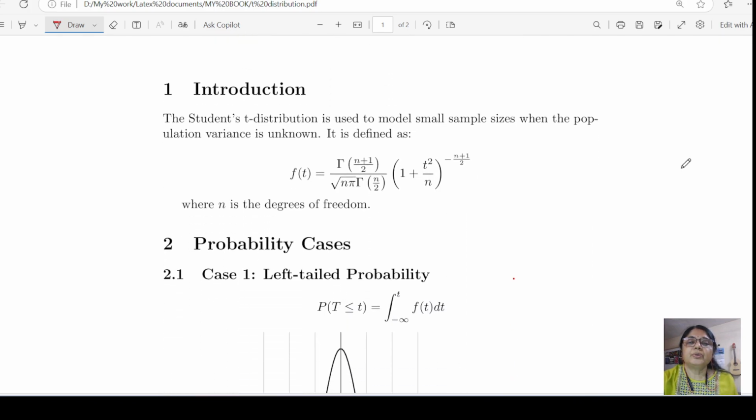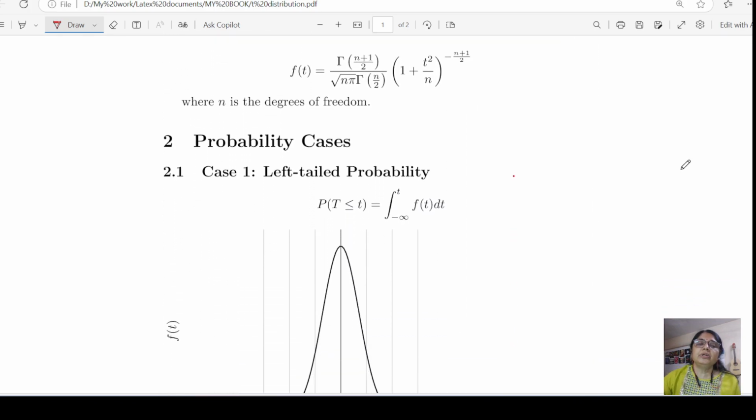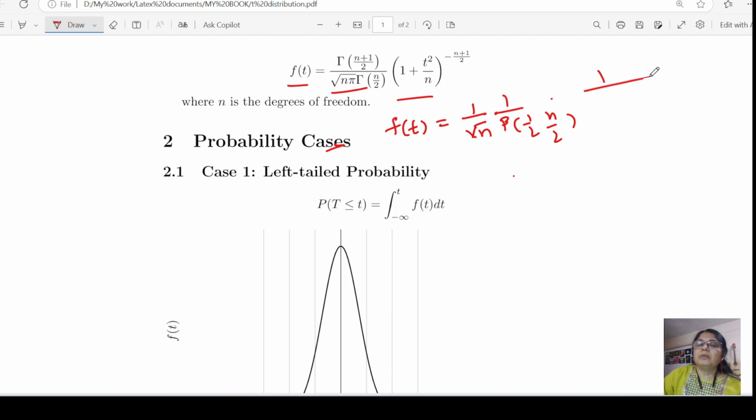Hello everyone. In today's lecture we will find out probabilities of the t distribution. This is the PDF of the t distribution. We can write another form of this: f of t equals 1 by root n into 1 by beta of 1 by 2, n by 2, into 1 upon (1 plus t square by n) whole to the power (n plus 1) by 2.